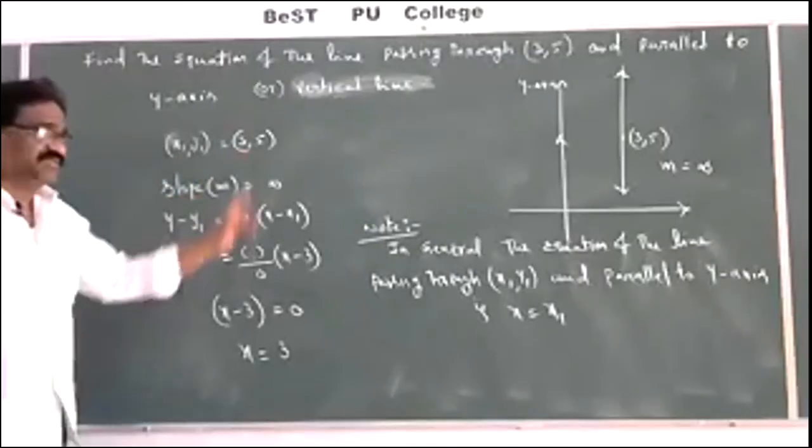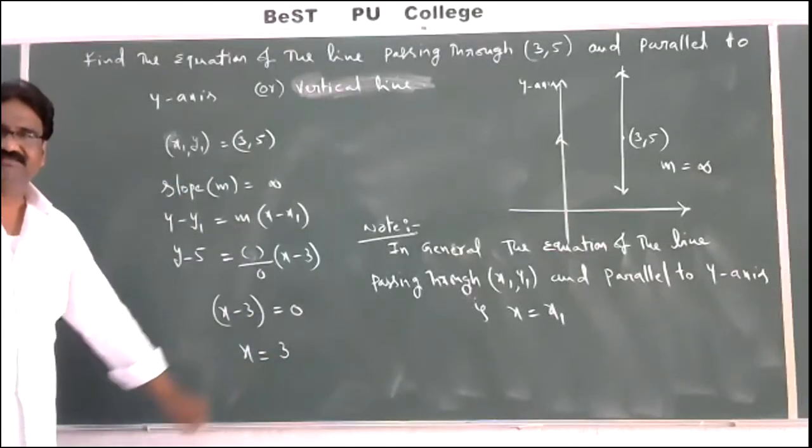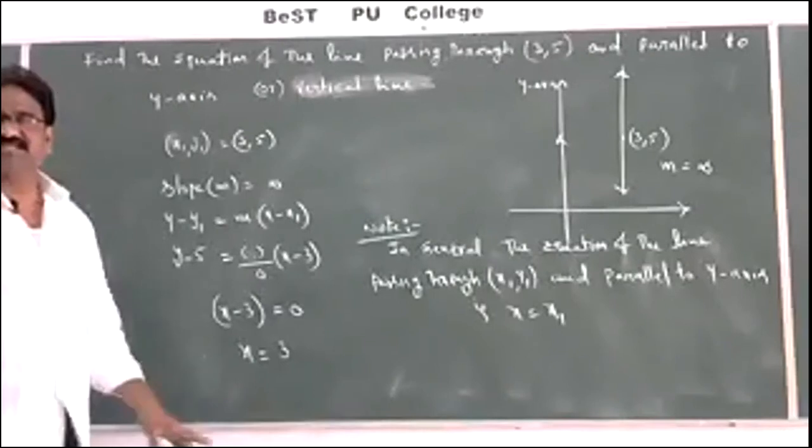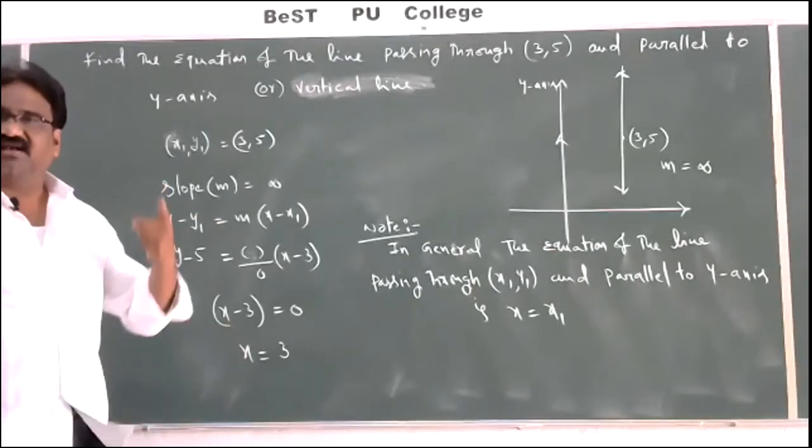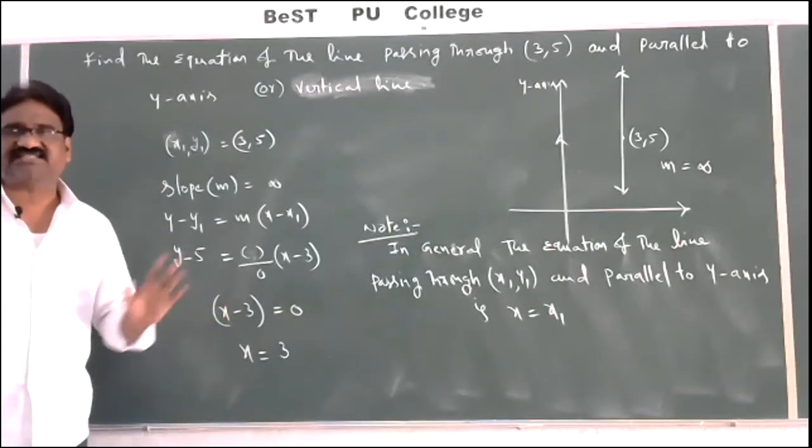Here what is x1? 3. That's why x is equal to 3. The equation of the line passing through x1 y1 and parallel to y-axis is x is equal to x1.